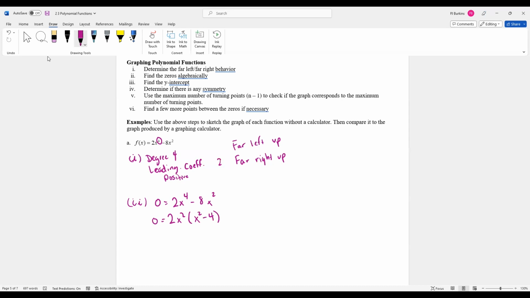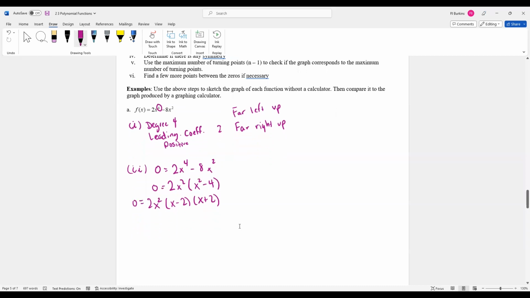X squared minus 4 is the difference of two perfect squares. In the previous video, I showed you how to handle that. So you might recall, or if you need, go back and watch that video again, that this becomes x minus 2, x plus 2. Again, we call those conjugates. That's a conjugate pair. So they're the same terms, but different sign between them.